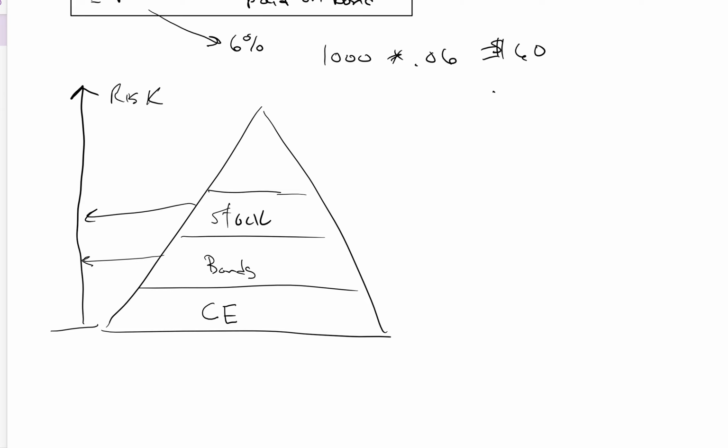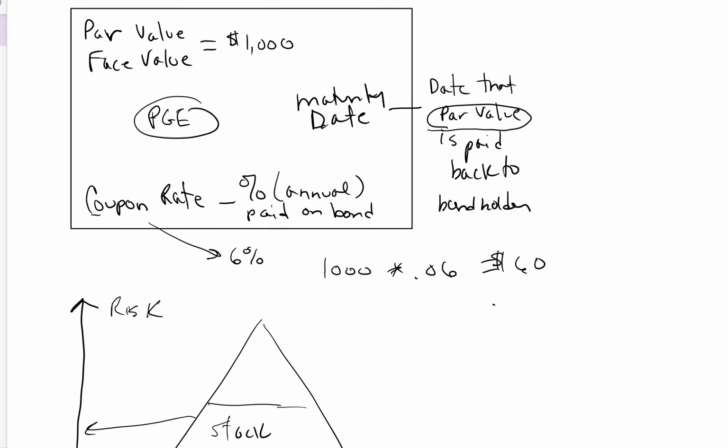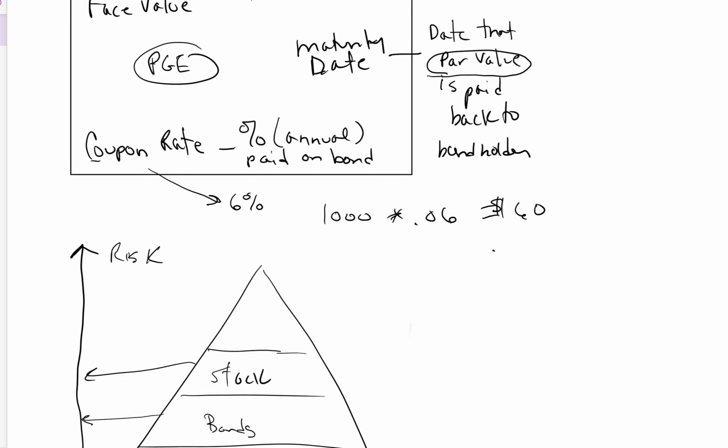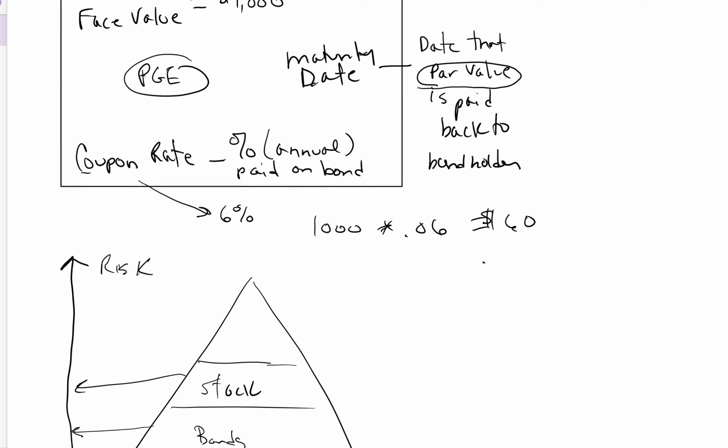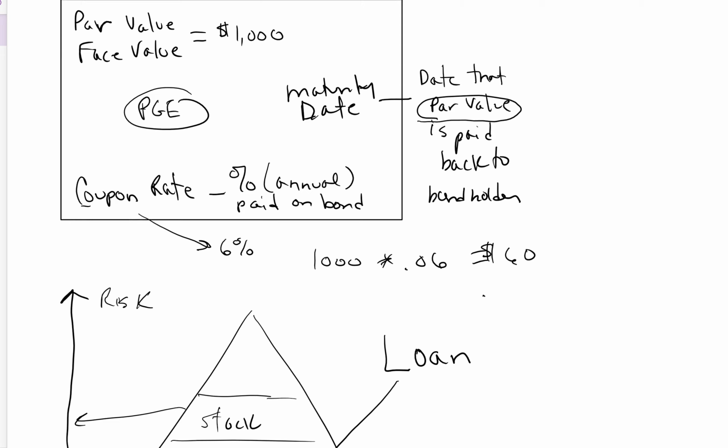So now in here, we're talking about bonds. And like I mentioned up here, in one word, a bond is a loan. So a bond is a loan that you make. When you buy a bond, you are effectively giving a company or the government a loan for a certain amount of time.